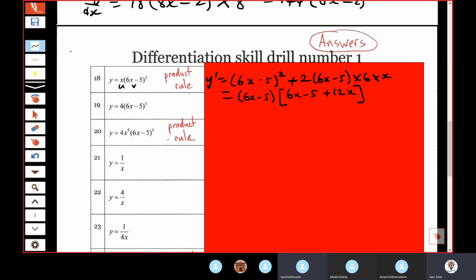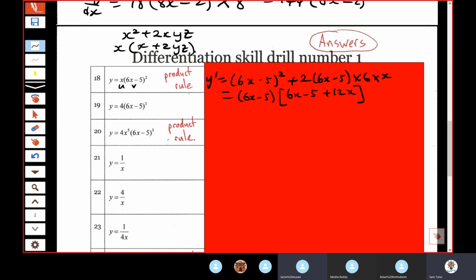This looks confusing, but if you want me to show you in a different way, all you're doing is something like this. If I gave you x squared plus 2xyz, take out x. What are you left with? x plus 2yz.